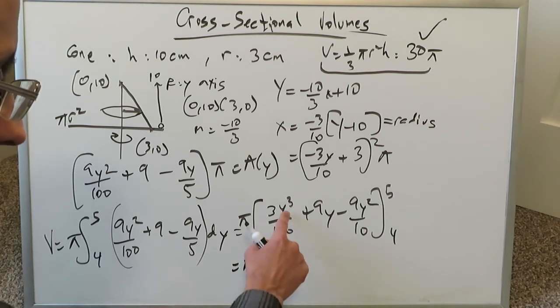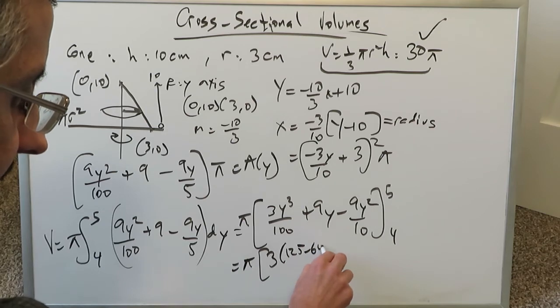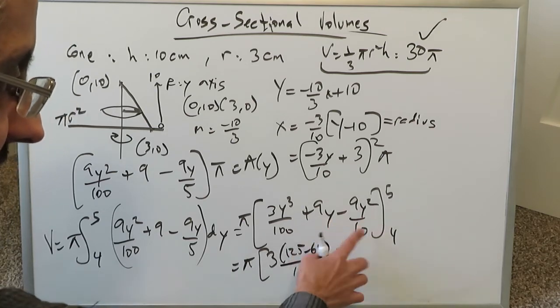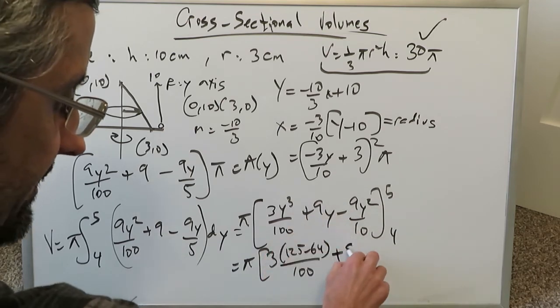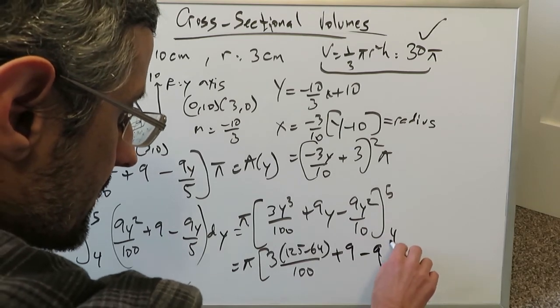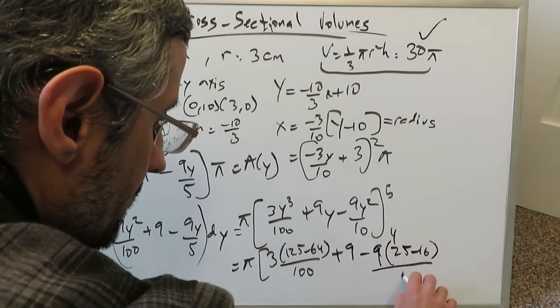We'll do 3 times 5 cube minus 4 cube, which is 125 minus 64 all over 100, plus 5 minus 4, remember upper limit, lower limit, 5 minus 4 is a 1 times 9 is just a 9, minus, we have a 9 over here, and then here we have a 25 minus 16, but all over 10.